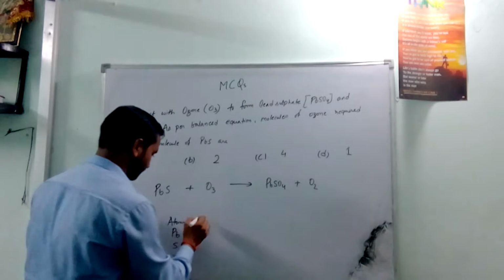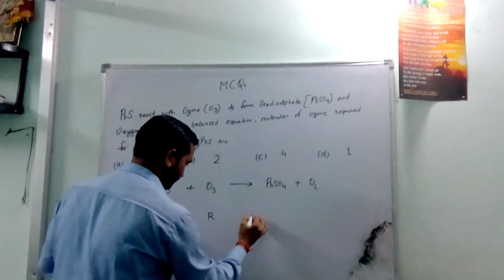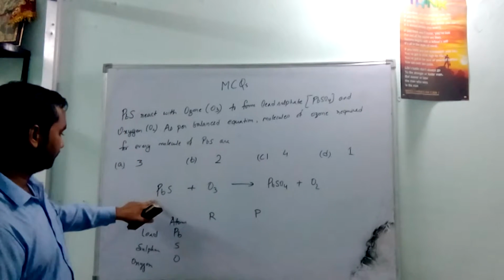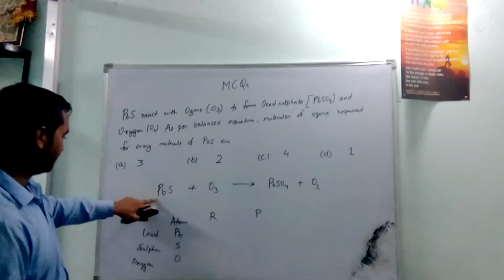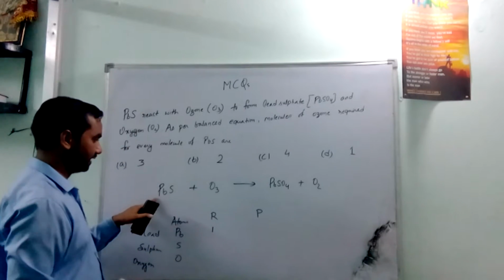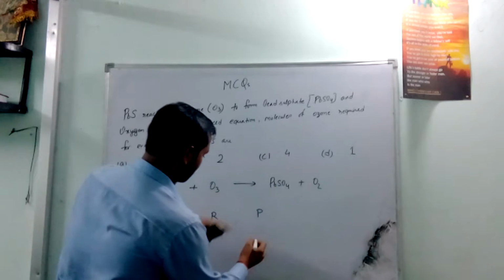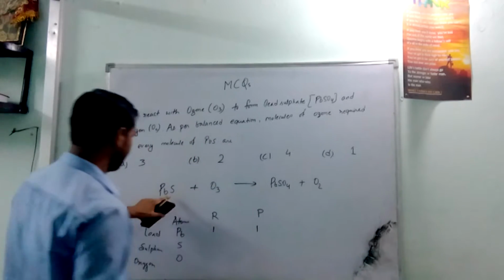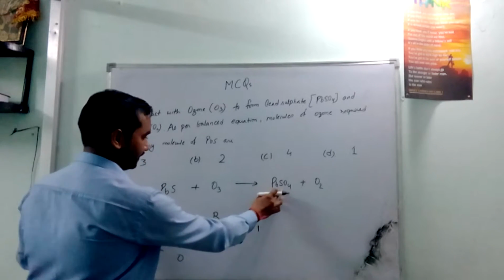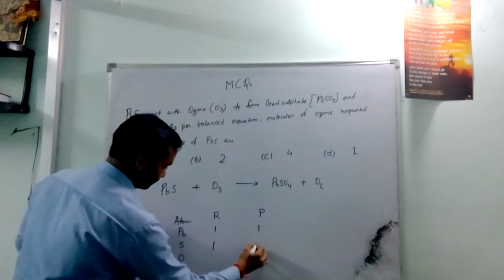Now we will calculate the number of atoms on the reactant and product side. How many lead atoms are there in the reactant? 1. And in the product, 1. How many sulfur in the reactant? 1, and in the product, 1.